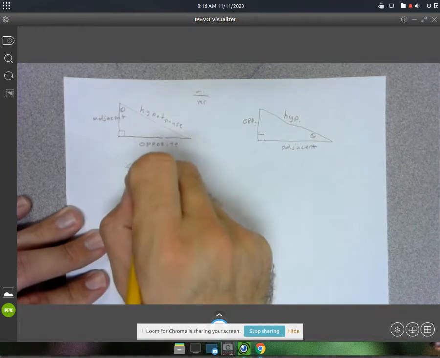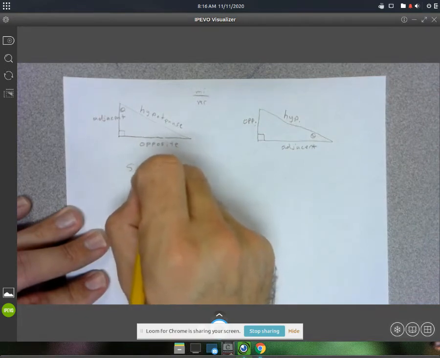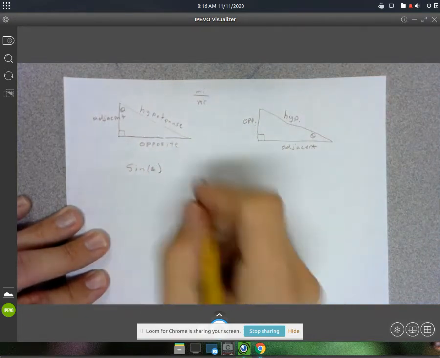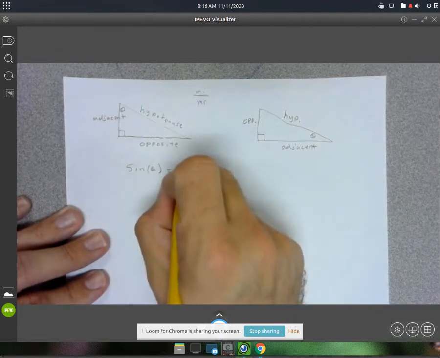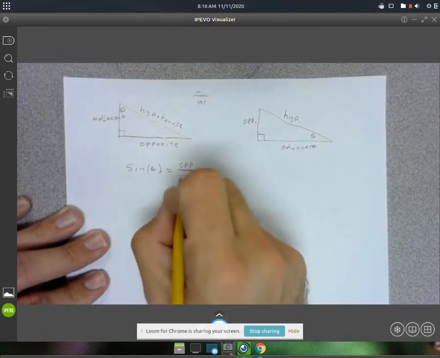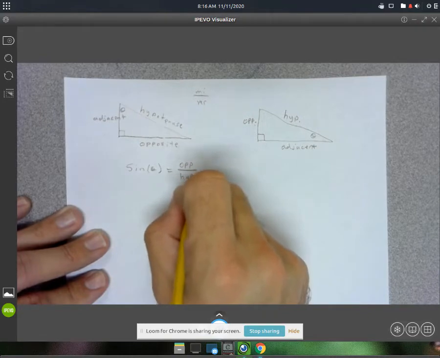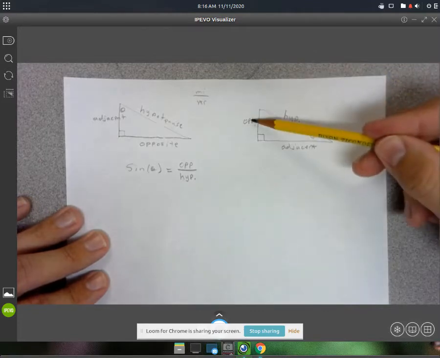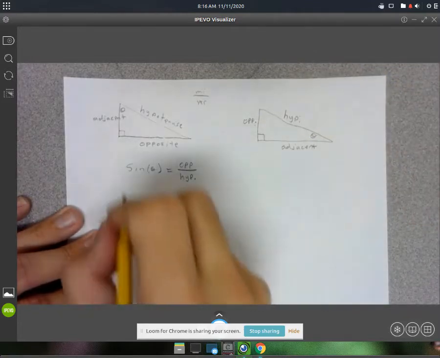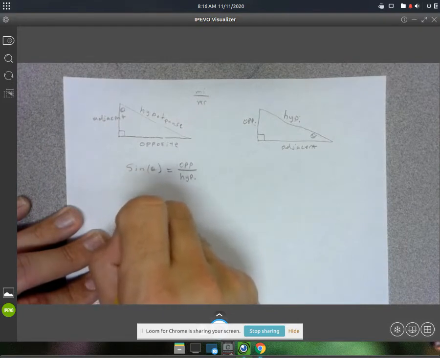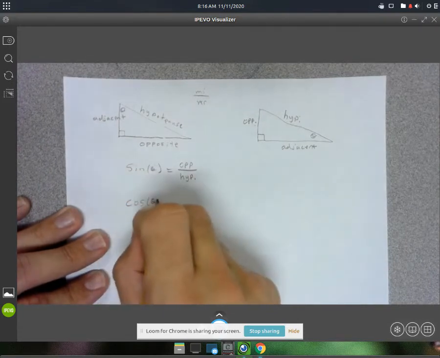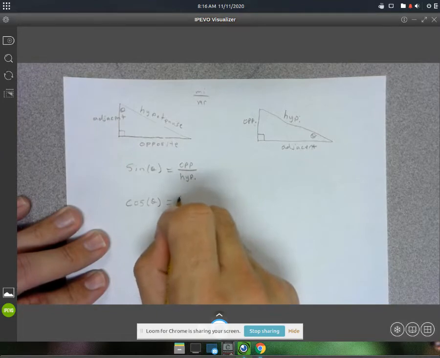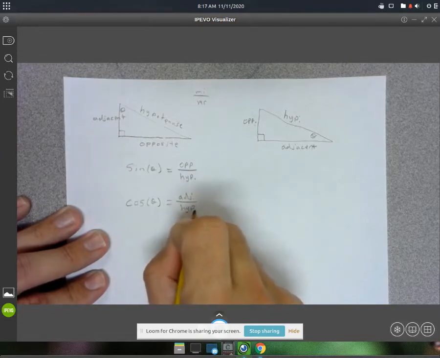Sine of theta, or just sine in general, is defined to be the opposite over the hypotenuse. So if we were at this angle, sine of that angle would be whatever this is over whatever that is. And then cosine would be defined as adjacent over the hypotenuse.